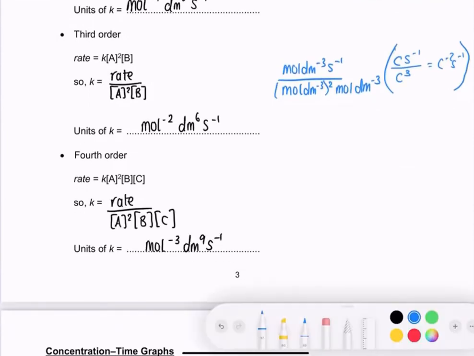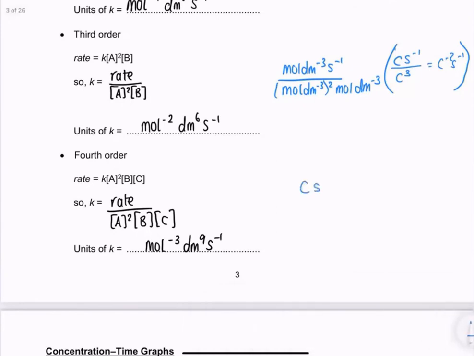If you have a look at this last example, you can see that I got these units because I had the units of rate, which were a concentration per unit time, and then on the bottom I've got 4 lots of concentration. The overall order is 4, so I've got concentration to the minus 3 times seconds to the minus 1. Now every concentration is a moles per decimetre cubed.